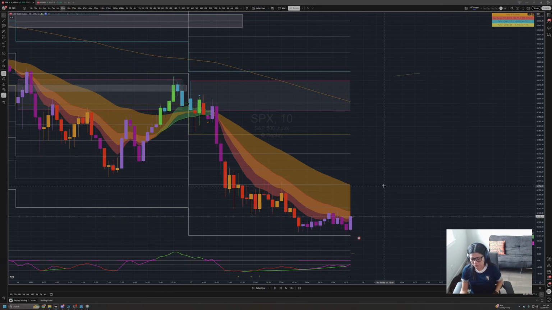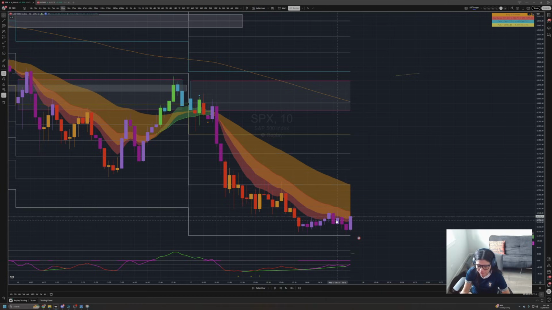We were still, this was around 30 minutes before close, we were still looking pretty bearish. We had a big trend day down and we weren't really getting above the 10 minute 21 EMA.